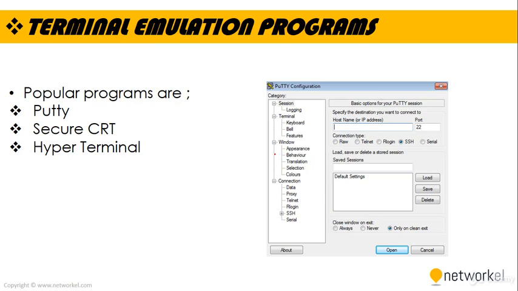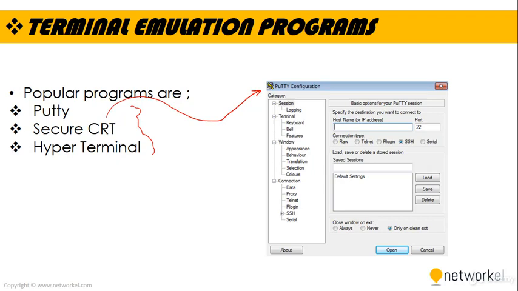Terminal emulation programs are used for accessing a device using the console port, telnet, or SSH. The popular terminal emulation programs are PuTTY, SecureCRT, and HyperTerminal. As you can see, here is the PuTTY window.